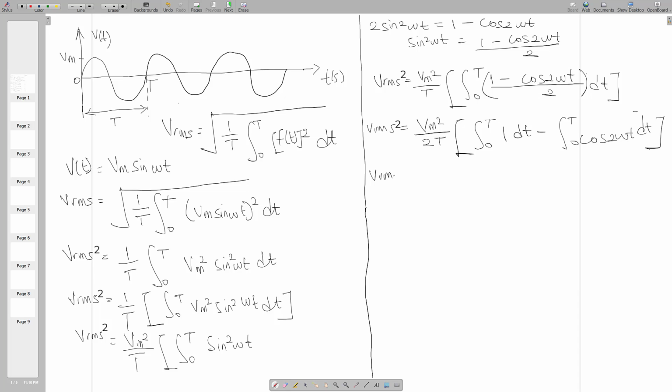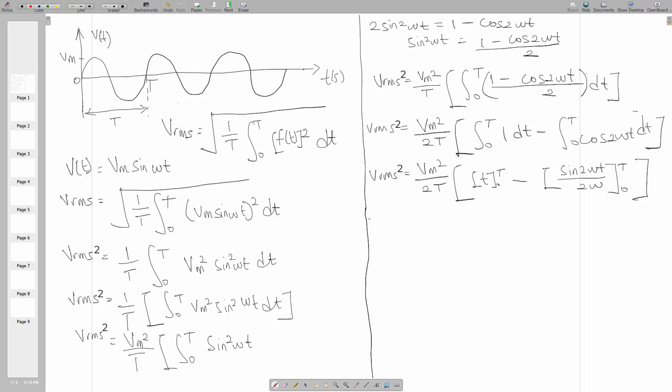So then our VRMS will be equal to Vm squared on 2T, integrating 1 dt, which is the same as t, but our limit is from 0 to T. And integrating cos 2 omega t, we will have sine 2 omega t all divided by 2 omega, and our limit is from 0 to T in this case.